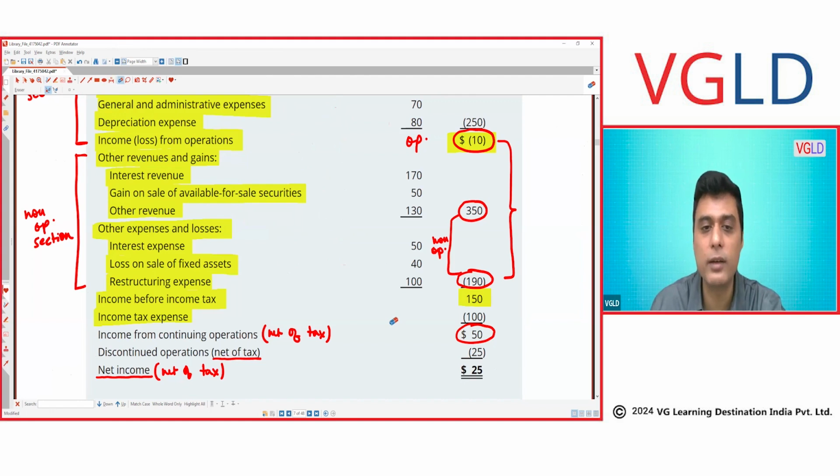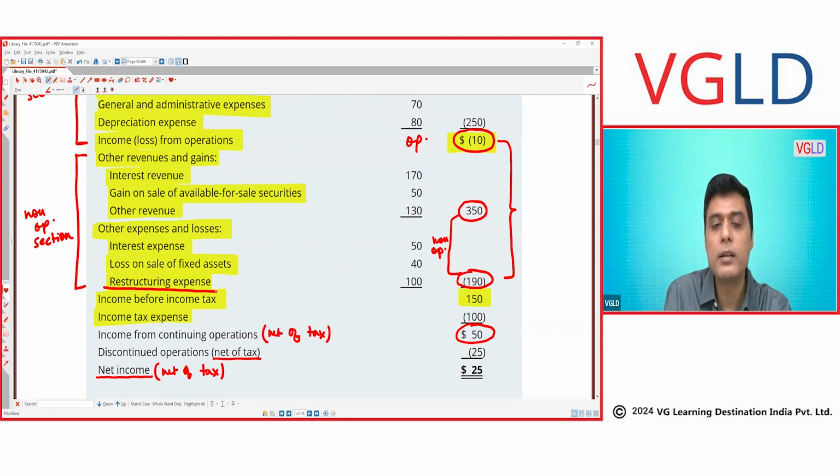Restructuring may happen once in 20 years, 30 years. It may never happen in the case of some companies. It may happen once in 10 or 20 years in the case of certain companies. So it is an unusual, infrequent item. So it is shown separately as a separate line item, but where? In income from continuing operations.